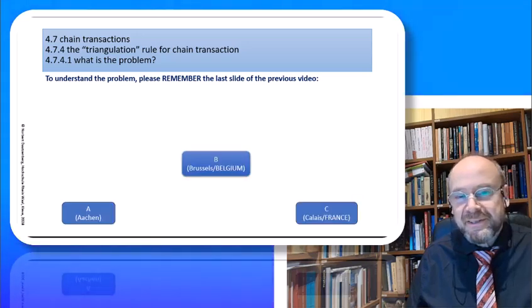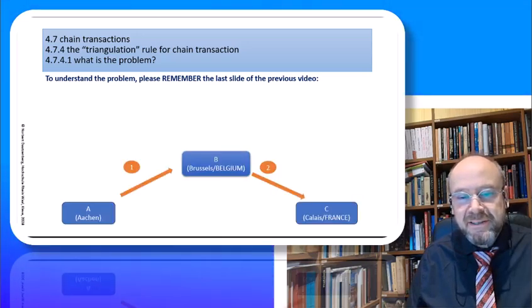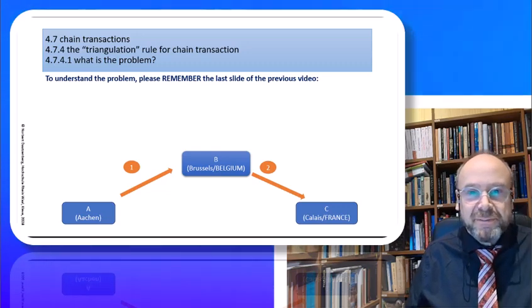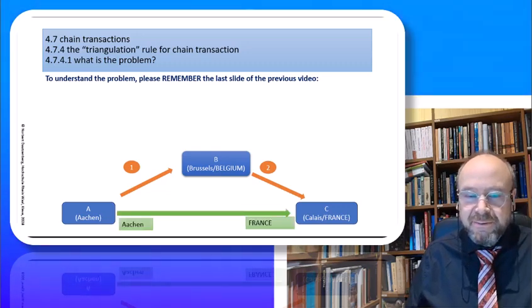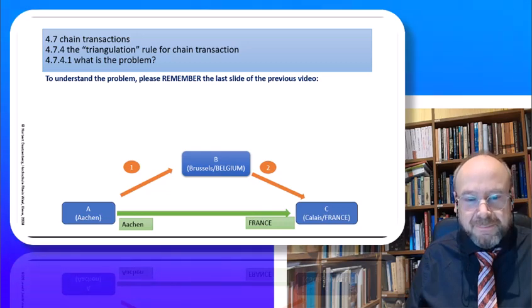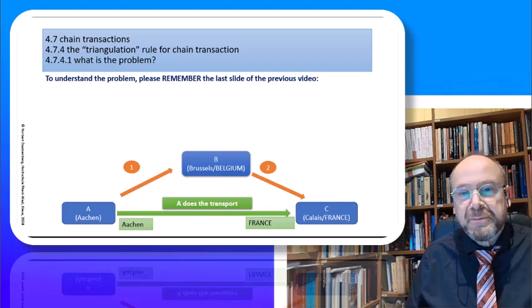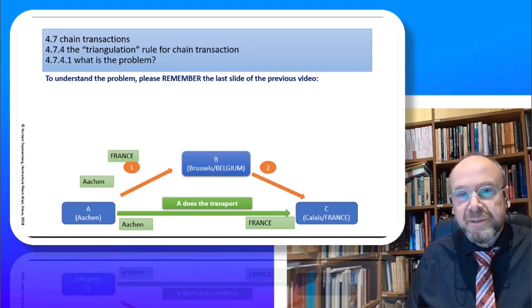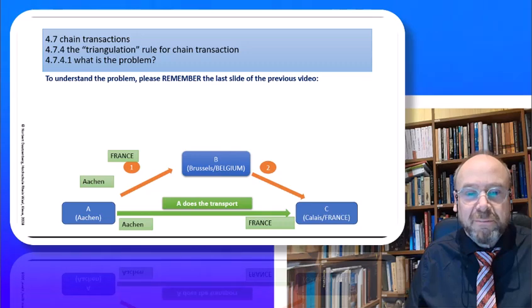There was a constellation where A, B, and C had contracts with each other, and the delivery went from Aachen to France, or better, the transport. The transport was done by A, so we had the following constellation. The good goes during transaction 1 from Aachen in Germany to France.